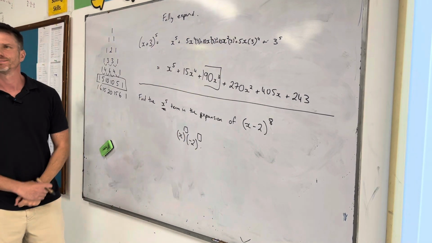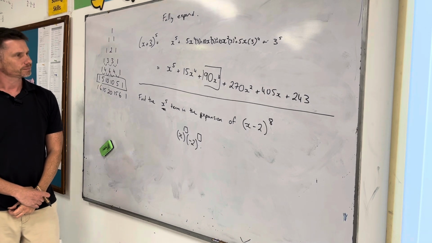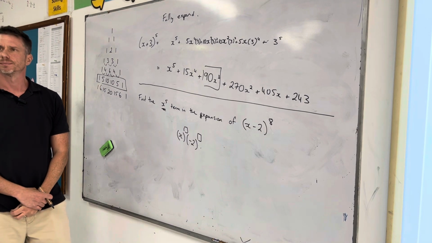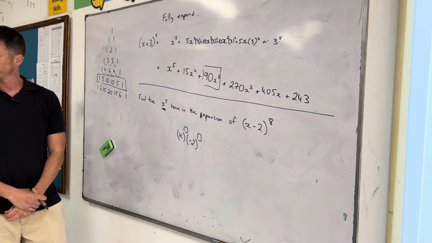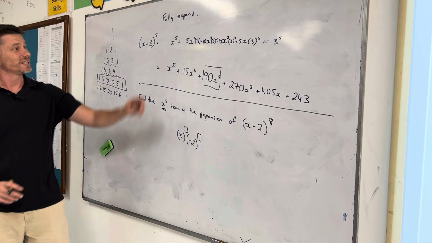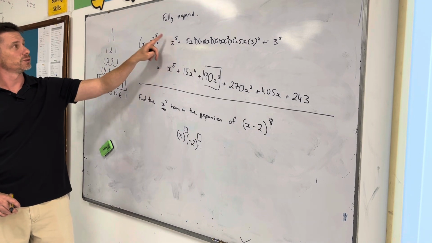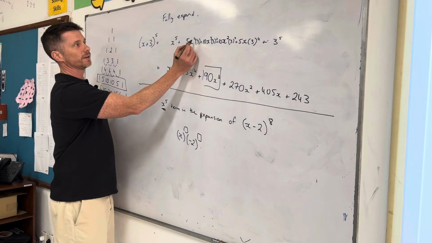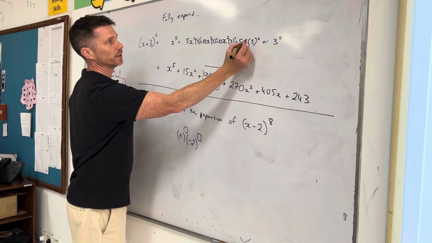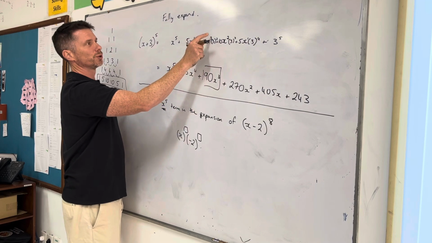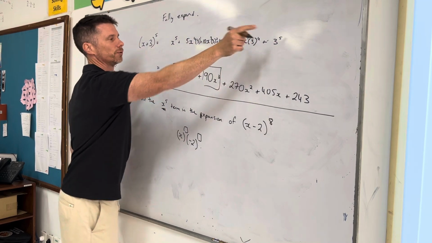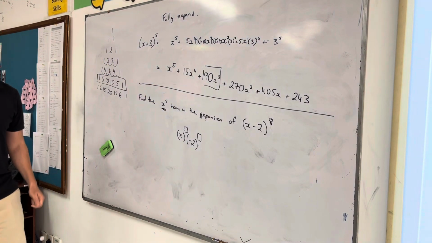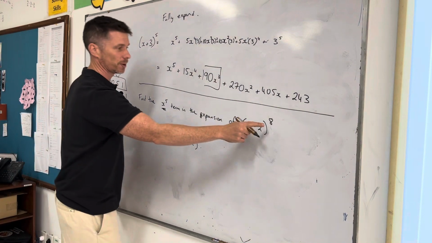Did we notice that? 8. They'll have to add to 8. Why? Well, in this one, all the powers added to 5. 4 plus 1, 3 plus 2, 2 plus 3, 1 plus 4, always added to the power of 5. So this will have to add to the power of 8.